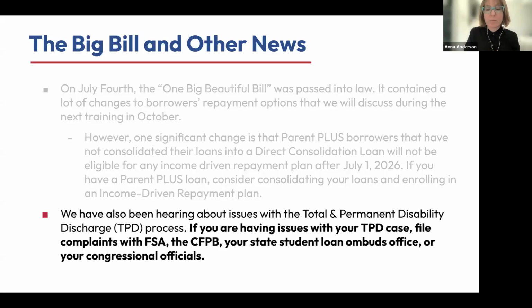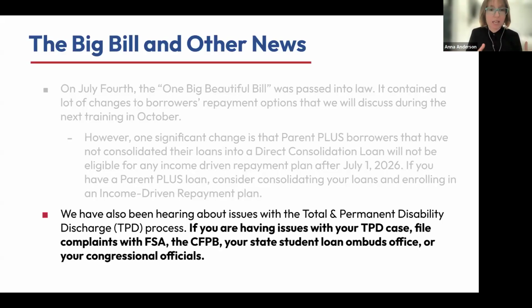And I will say that this applies broadly. We've had some other questions as well about people who should have been eligible already for cancellation under the income-driven repayment program or cancellation under the borrower defense to repayment program, and they haven't heard, or they've seen on their accounts that it's still under review.